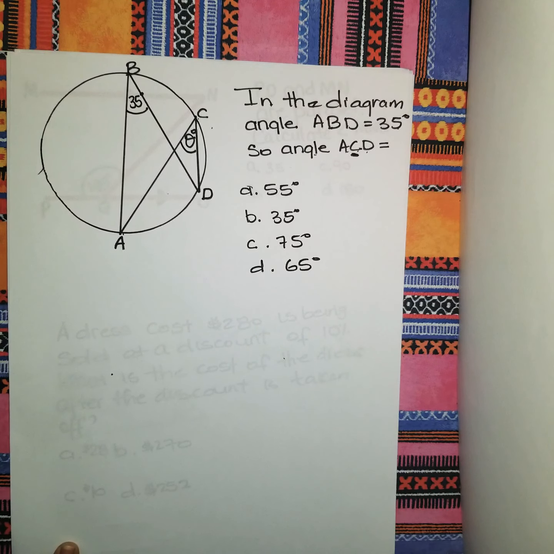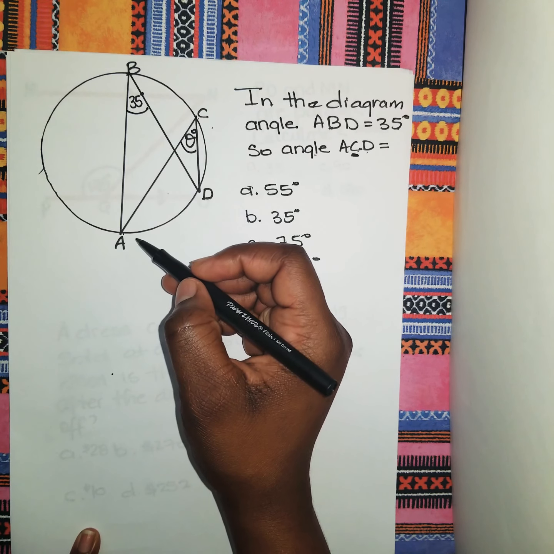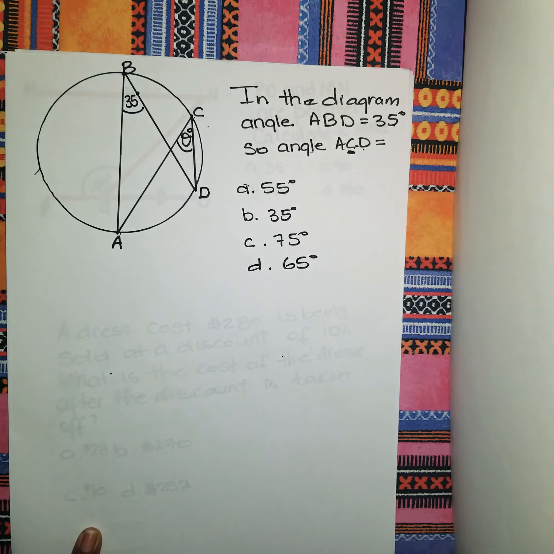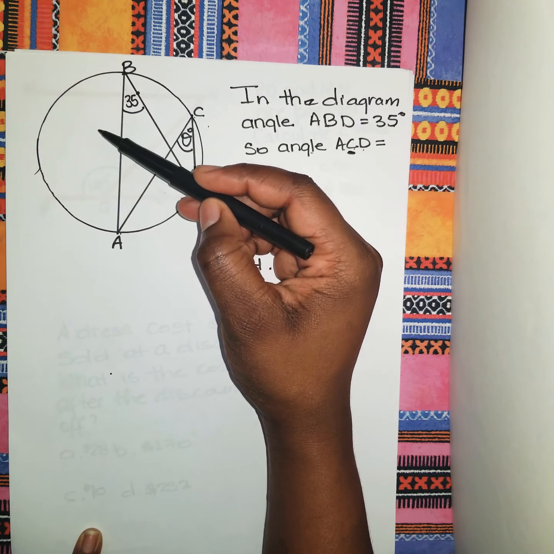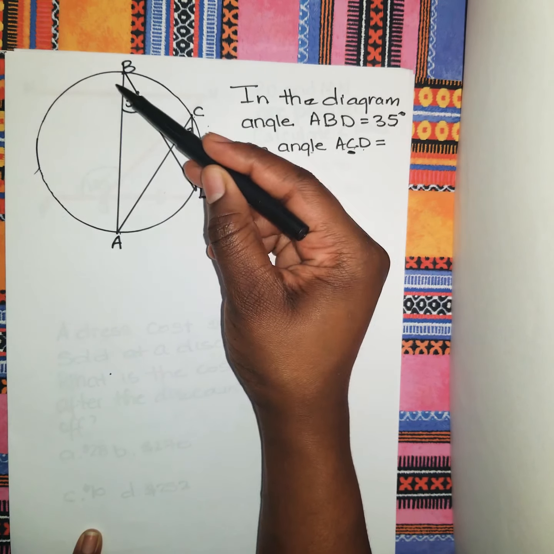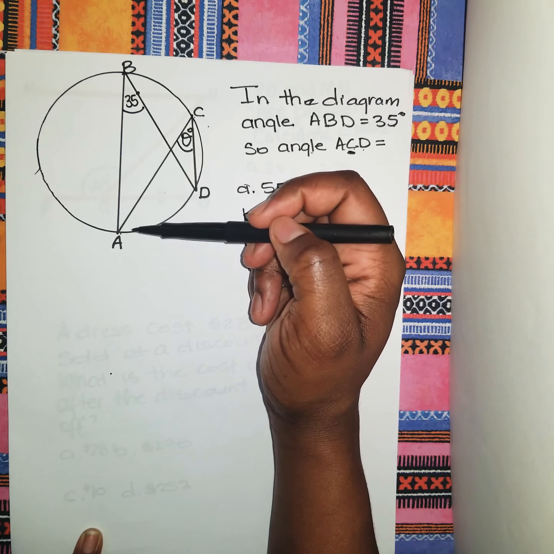So guys, we know which theorem to use here, because one theorem states the angles in the same segment of a circle are equal. And so we have two segments here, one segment on this side and another one on this side. These angles are in the same segment, hence they are equal.